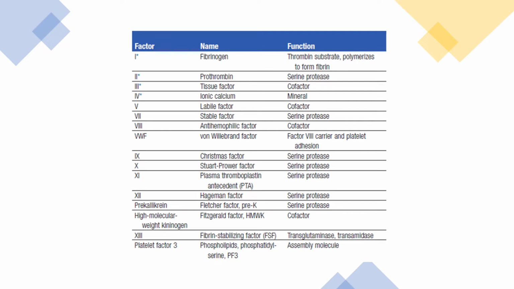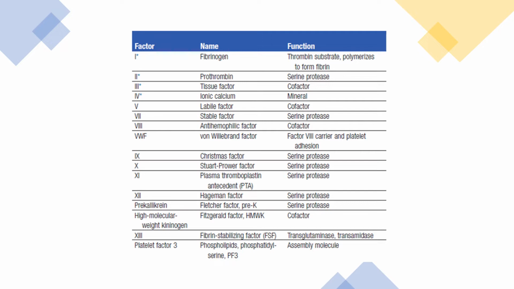In this table, we can see the different clotting factors, their numerical designation, the name, and the function. Factor number 1 is fibrinogen. This is the substrate for thrombin, and fibrinogen is the inactive form of fibrin. Whenever we see in the name the suffix gen, or the prefix pro, that means they are still inactive.